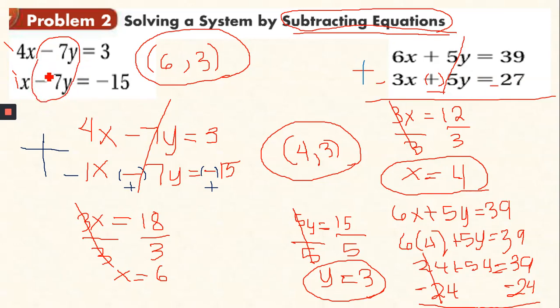Like this one, negative 7, negative 7. Okay? So you're going to use elimination by subtraction if they have the same sign. You are going to use elimination by addition if they have different sign. Any question? Okay?